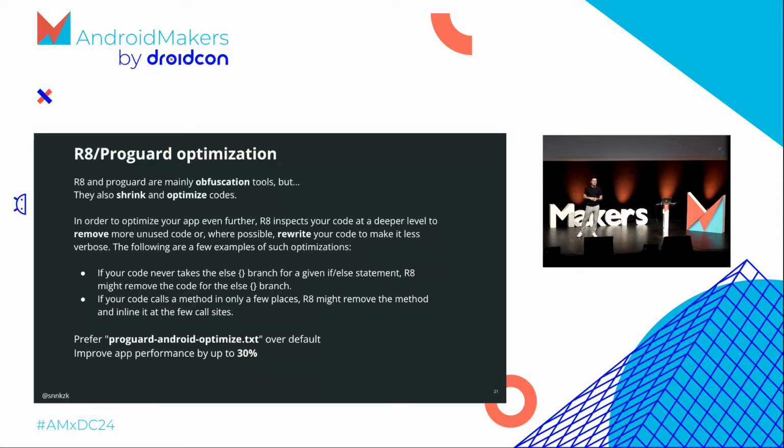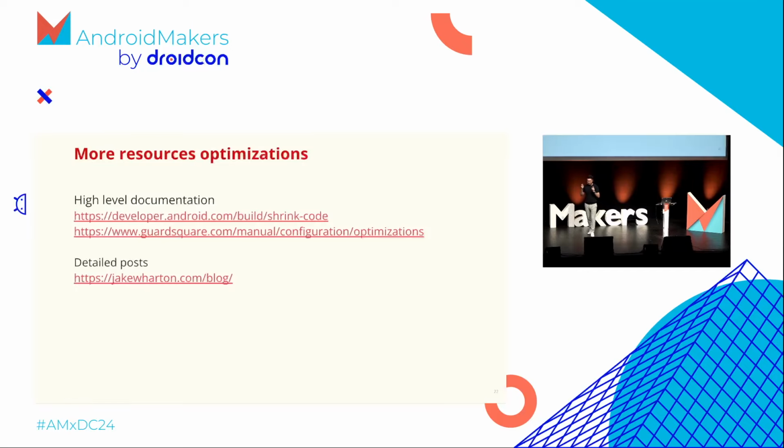Also, these optimizations are really cool. If you would like to read more about it, there is a really nice explanation in the official documentation, and Jake Wharton also did a really good deep dive on the individual optimization rules. But the idea is, for example, one of them is enum optimization, which replaces actual enum usage with integers and strings.